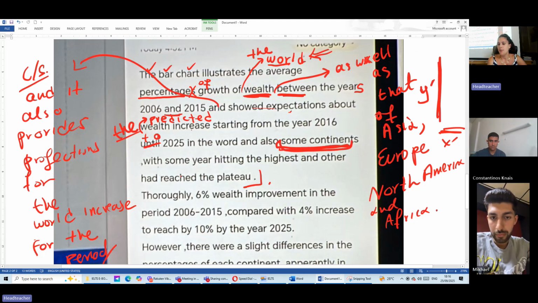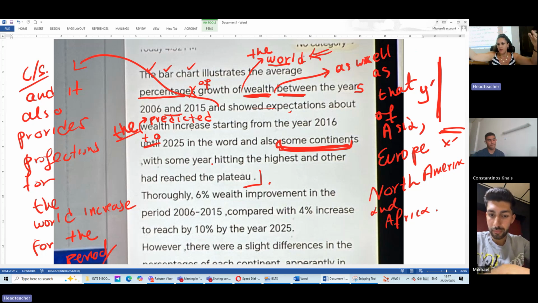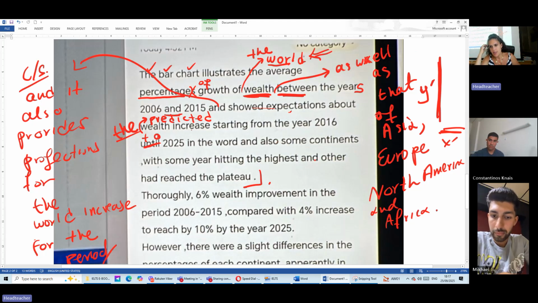Okay, now things are getting a little bit better, but because you put it at the end, it looks like the projections have to do with the continents and the world. If you put it at the beginning, it's clear that it's about the projections, and the current situation is about the world and the continents. So I would replace this. I would use this, okay?